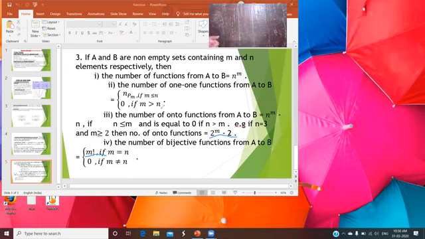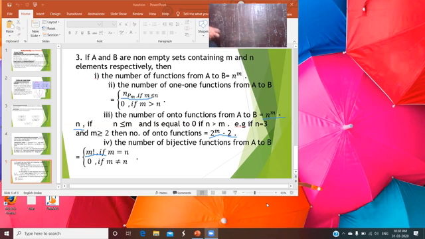If the number of elements in the domain and codomain are not the same, then a bijective function is impossible.